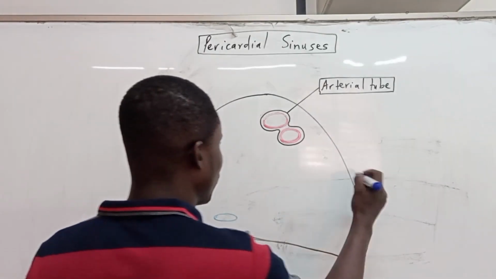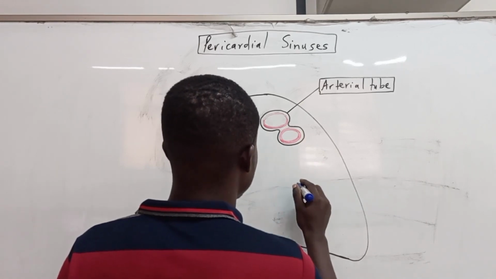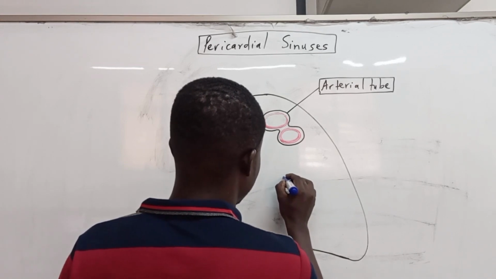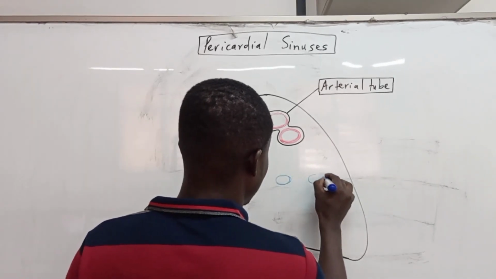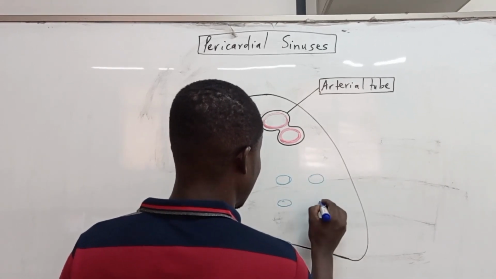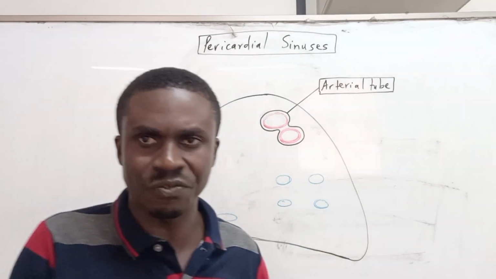At the posteriormost portion I'm going to see four veins: one over here, another one over here for the superior, then the ones below, which will be the inferior pulmonary veins. Remember that there are four of them.